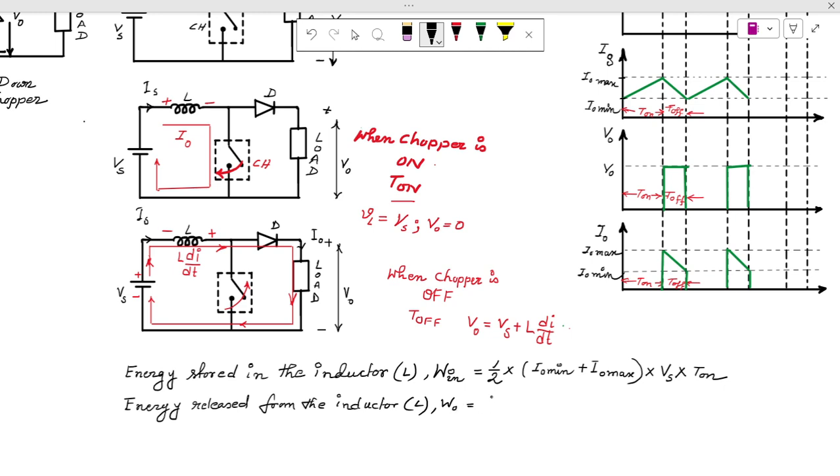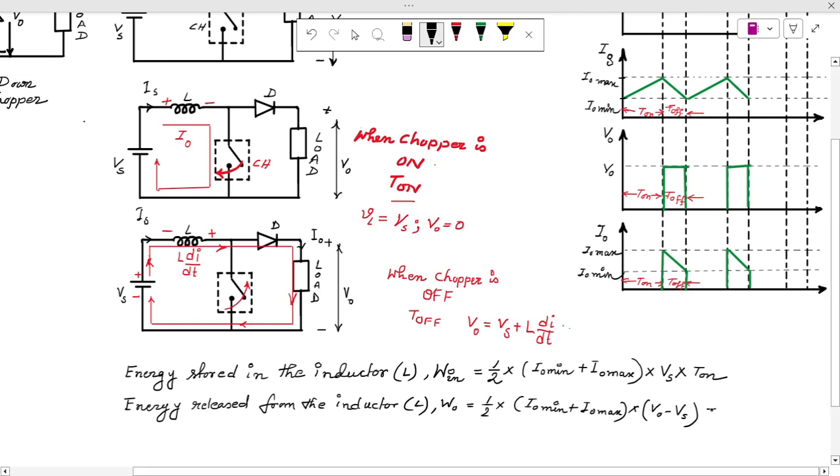That will be same as before. Half of total current, that means I0 min to I0 max, that is the change of current. Next, the voltage across the inductor is V naught minus Vs, a very important thing, V naught minus Vs, and the period is T off.